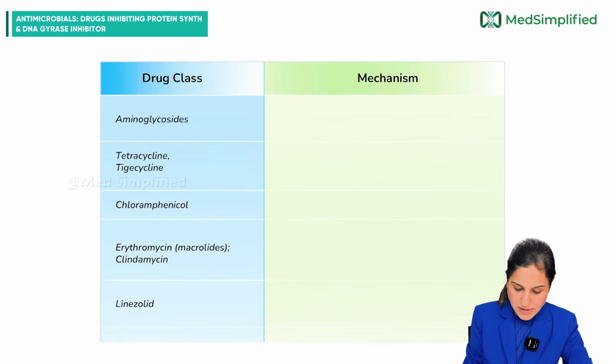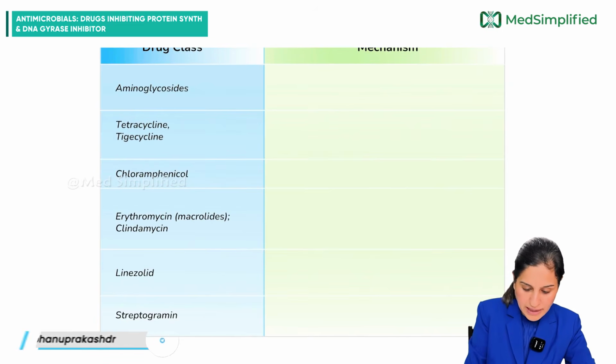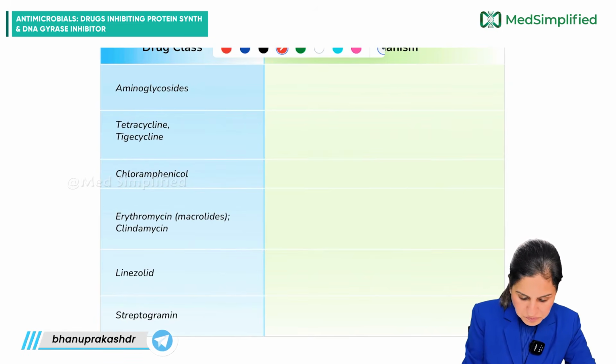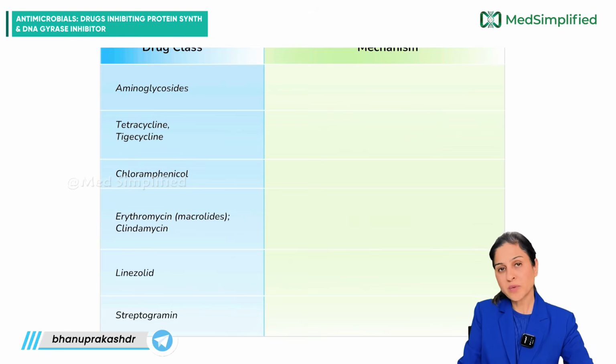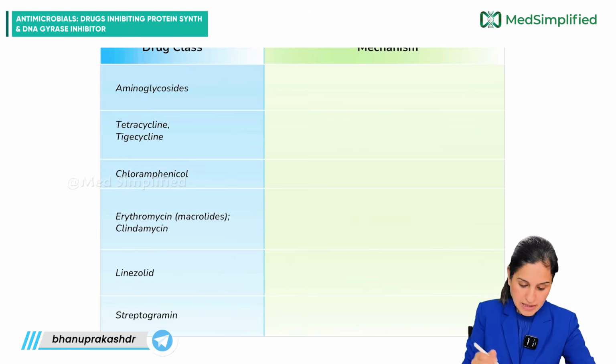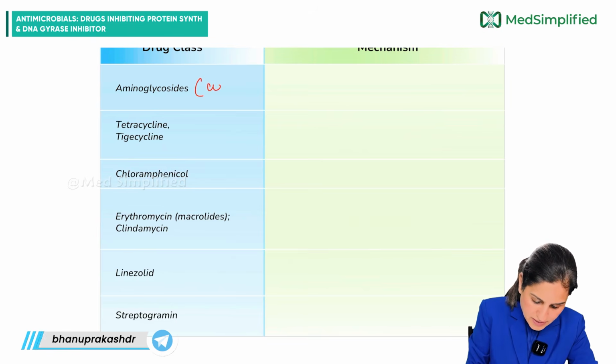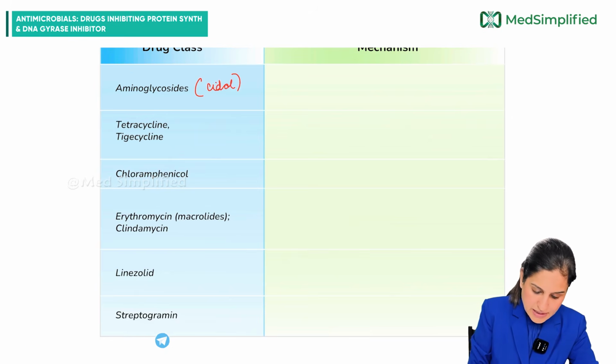Now we are going to discuss the actual mechanism of action of these. The first drug we have is aminoglycosides. Now these are cidal drugs, bactericidal drugs.